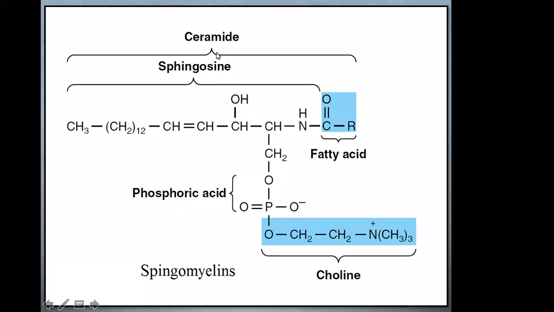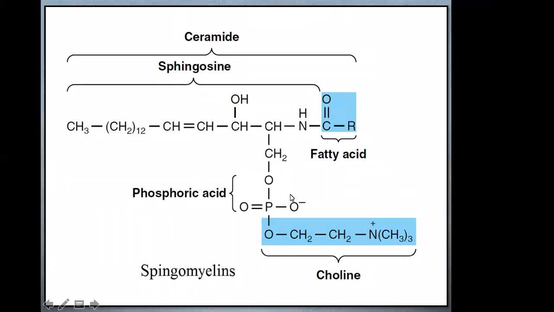They will give options: ceramide is composed of sphingosine, fatty acid, phosphoric acid, and choline; number 2 will be sphingosine and phosphoric acid; number 3 will be sphingosine and choline.